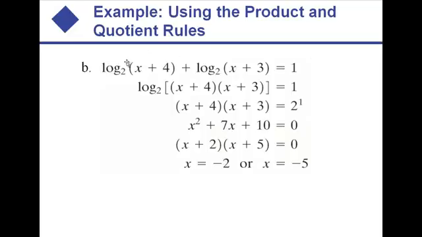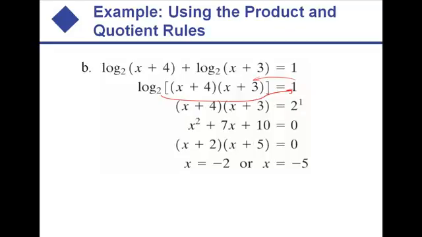Another one, similar. It's a sum, so it becomes a product. Again, we know that it's this raised to that equals this. So this stuff is 2 to the 1, or 2. We recognize this is going to be a quadratic, so we multiply it out, move the 2 over.